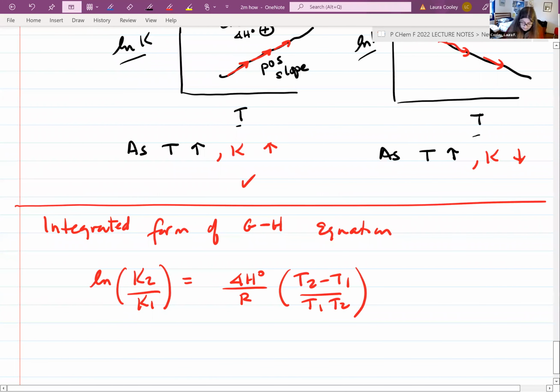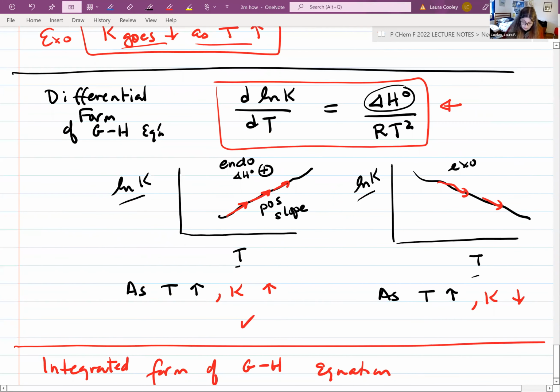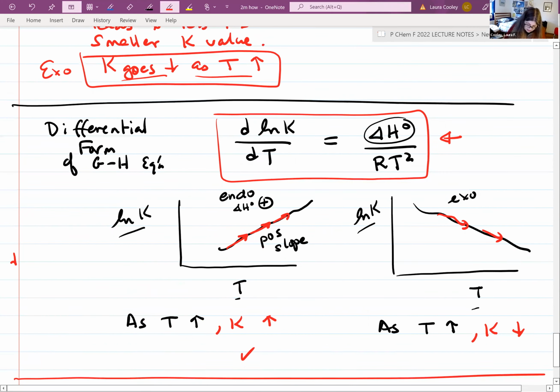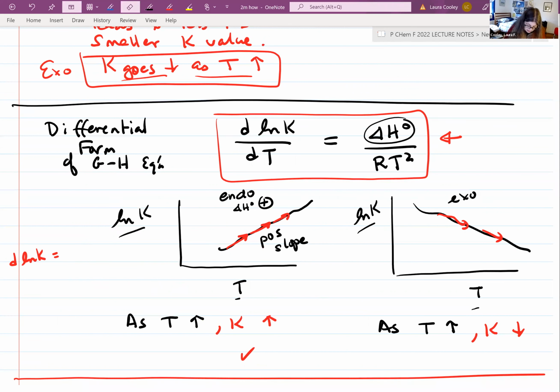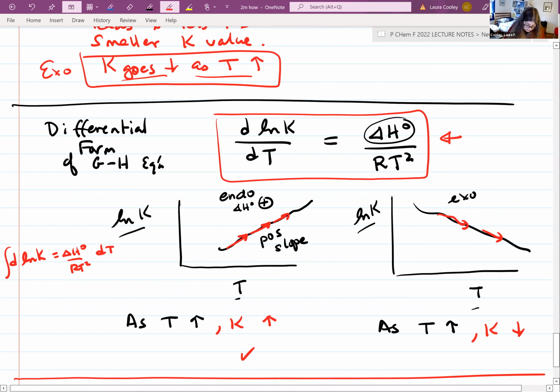Actually, to show you where this comes from, if you wanted to integrate this, you'd have d log K equals delta H0 over RT squared dT, moving the dT to the right. So you'd integrate this. You'd end up with log of K2 minus log of K1 on the left, which is log of K2 over K1.